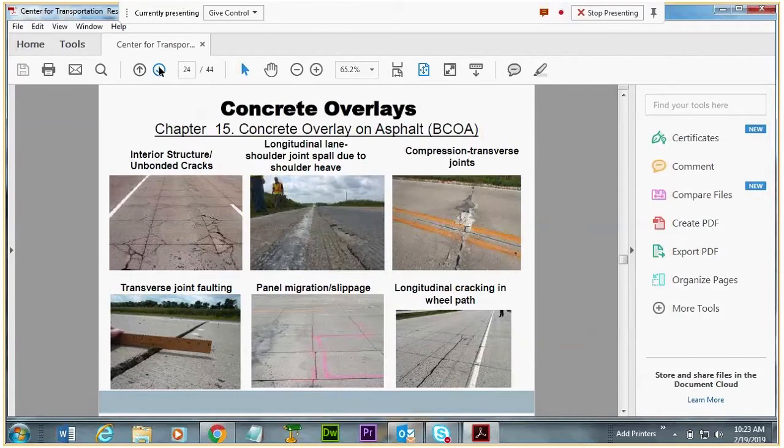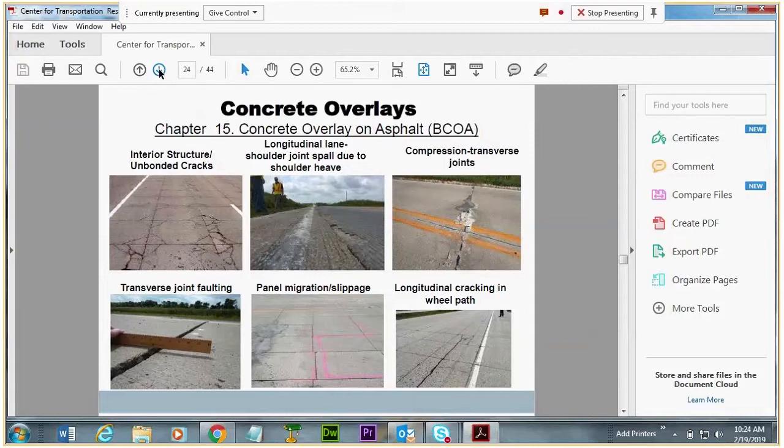This one is kind of interesting because we see a lot of it in our Midwestern states in regards to concrete overlays. So if we see any distresses, they are typically more in the cold weather areas. Not necessarily all, but the majority. And we talk about the unbonded interior structures and other lanes.